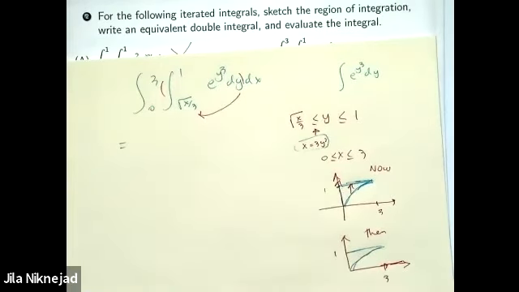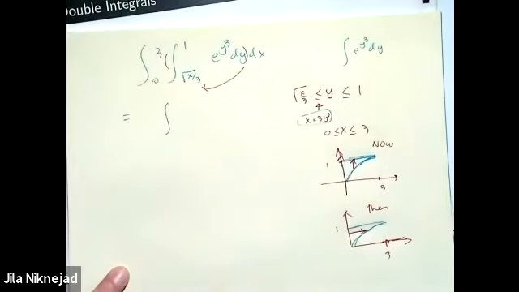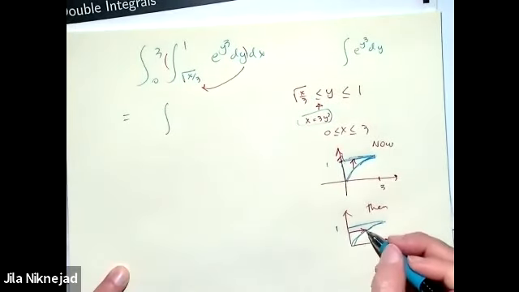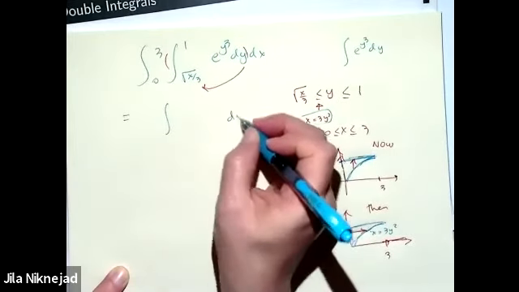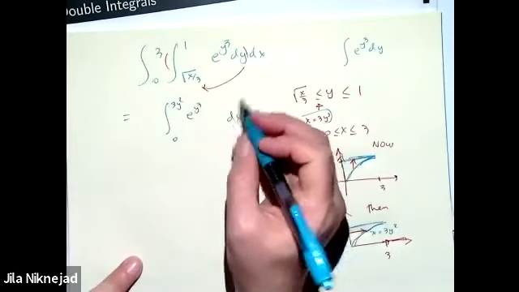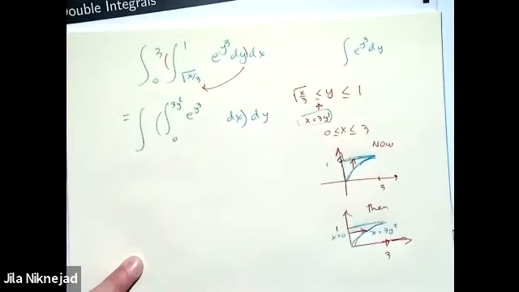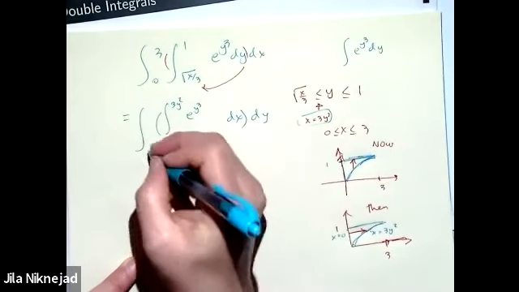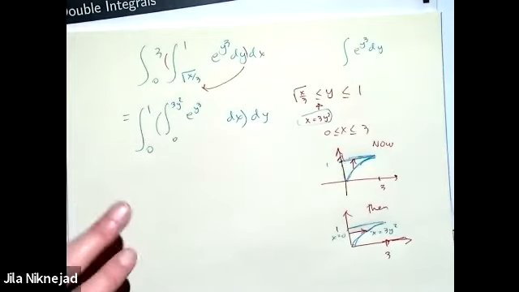So now I'm going to go in that direction. Oh, hold on. I have to solve for x equal to 0 on this side, and x equal to 3y squared on this side. 0 and 3y squared. And then the outer would be in terms of y. And it seems like y has to go from 0 to 1. Right?